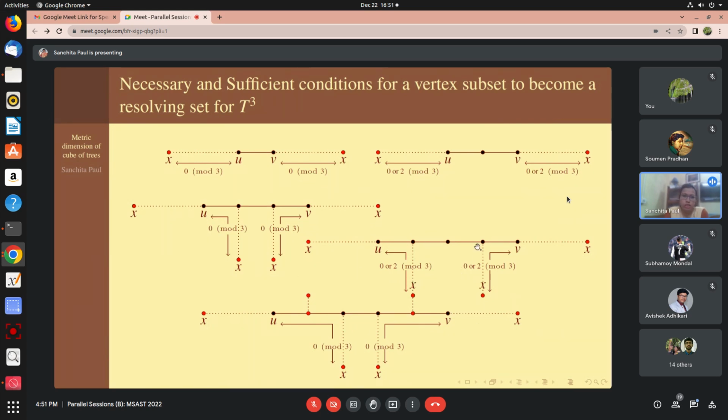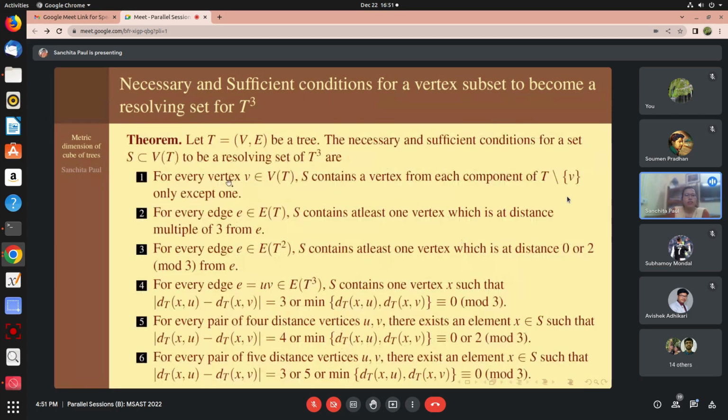Now, all these conditions are used along with condition 1, that for every vertex v, S contains a vertex from each component of T minus v except one, which helps us get the sufficient condition for a vertex set to become a resolving set for T cube.